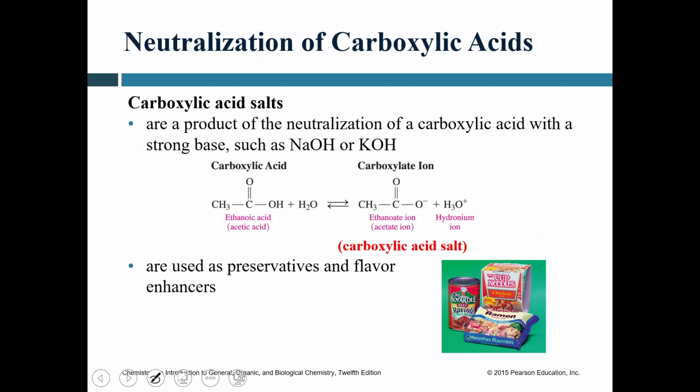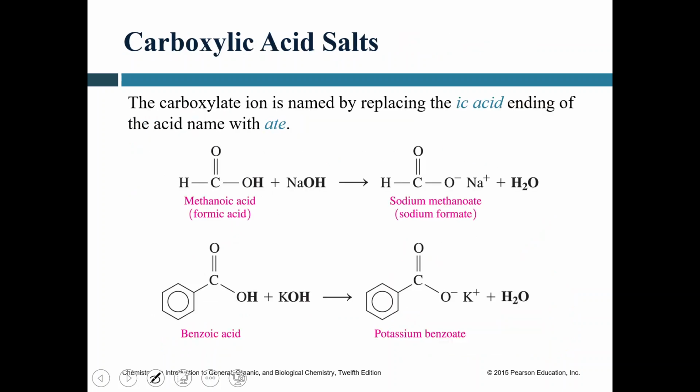Salts of carboxylic acids. If a carboxylic acid is neutralized with a strong base, such as sodium hydroxide or potassium hydroxide, it will form the salt of the carboxylic acid that can be used, as we mentioned, as preservatives or flavor enhancers.